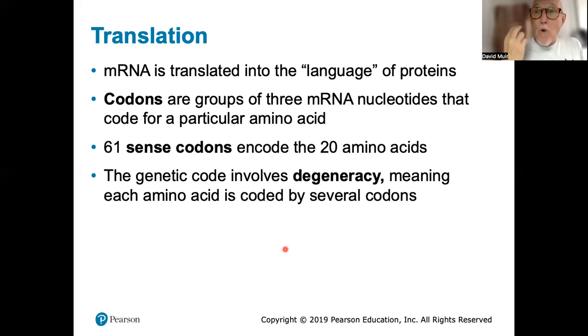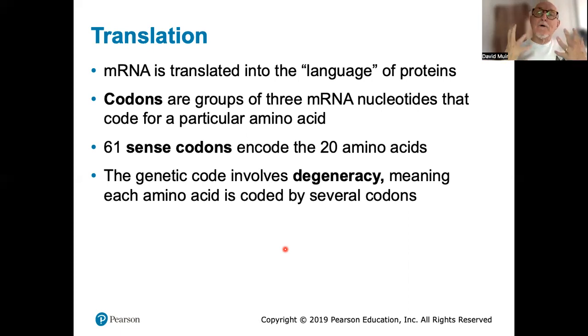And 61 of the 64 code for amino acids. So this is the code that we've got locked into DNA and then into the RNA. In the RNA, we've got 61 codons, which we call the sense codons, which encode amino acids. We have 3 codons, which code for an action only.